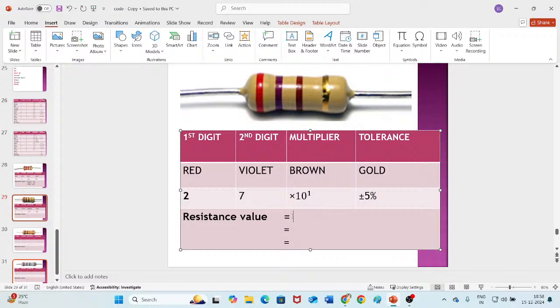So now what is the resistance value? Write down the first digit, write down the second digit, into the multiplier value. And write down this tolerance value.